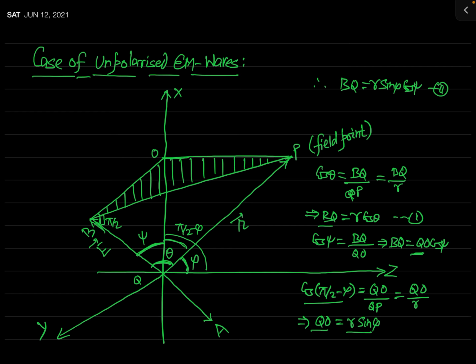So you can see here that we have obtained the value of BQ in terms of theta in equation 1, which is r cos theta, and we have also obtained the value of same BQ in terms of the angles phi and psi in this equation 2, which is r sin phi cos psi.